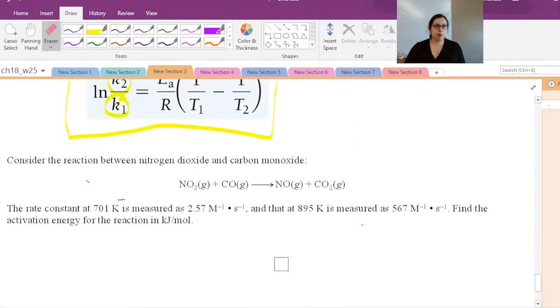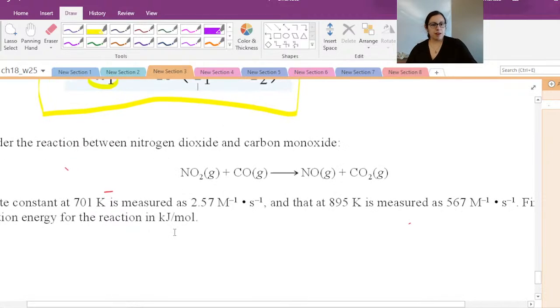All right, so now let's look at our problem here. We're given nitrogen dioxide and carbon monoxide giving us nitrogen monoxide and carbon dioxide. And we're given our rate constant at 2 different points.